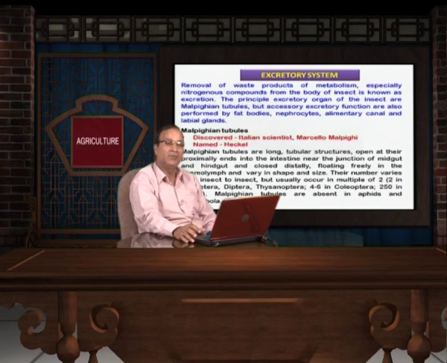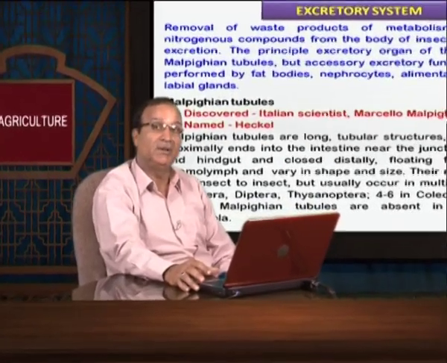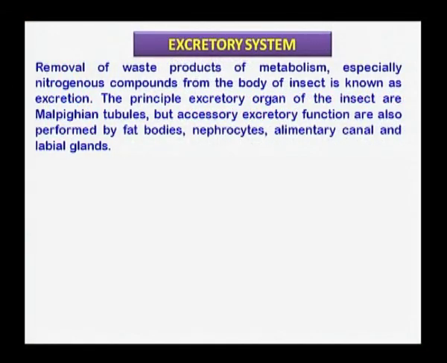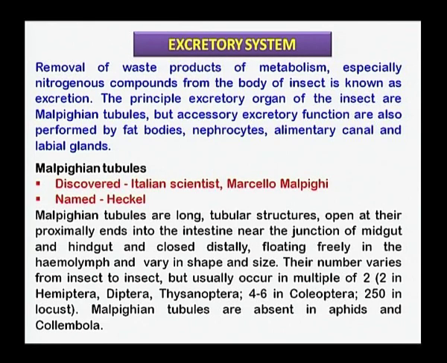Another important system which plays an important role in the insect body is the excretory system. The excretory products, which include urea, uric acids and many salts, have to be drawn out from the body, and that function is done by the excretory system. In insects, the principal excretory organs are the Malpighian tubules.